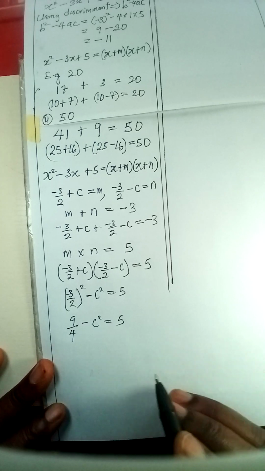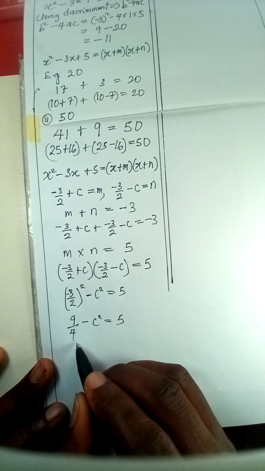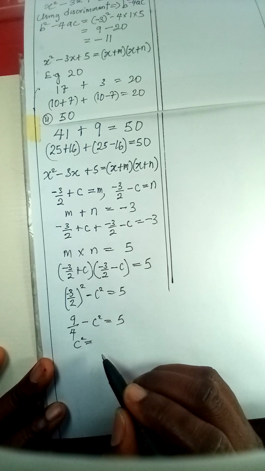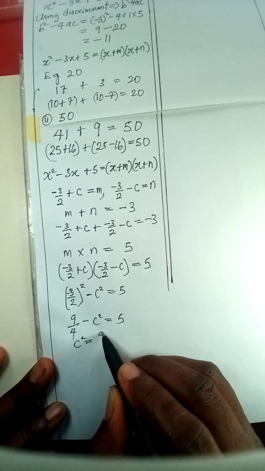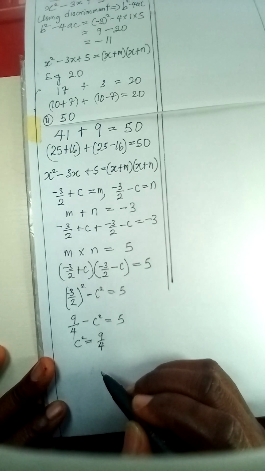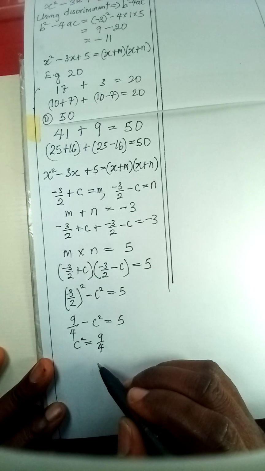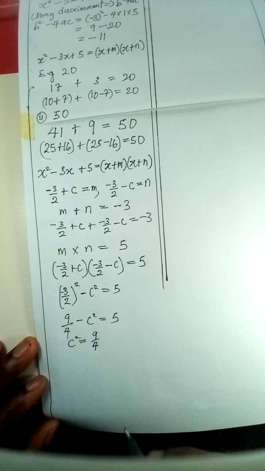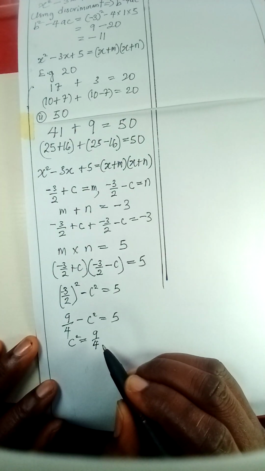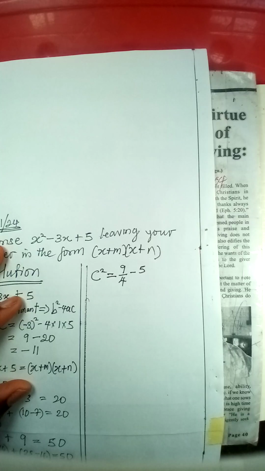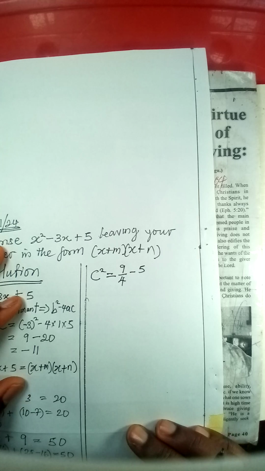So from here, if you solve for c squared, c squared is equal to 9 over 4 minus 5.